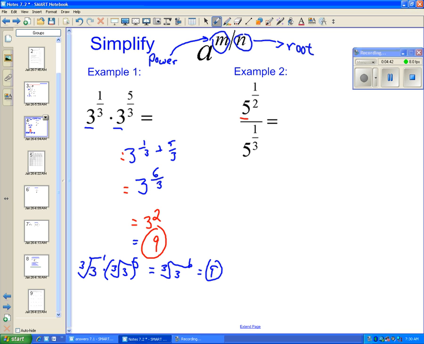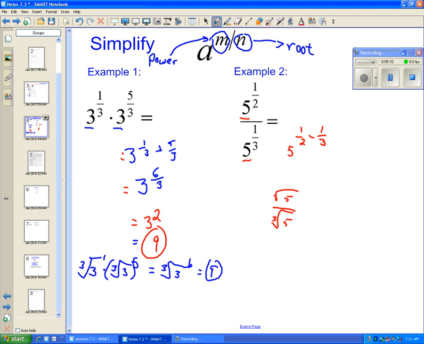I'm dividing here. My bases are the same, so I can think of this as 5 to the 1/2 power minus 1/3. Now here's a case that I really couldn't do any other way except for fractions. How in the world do I deal with the square root of 5 divided by the cube root of 5?